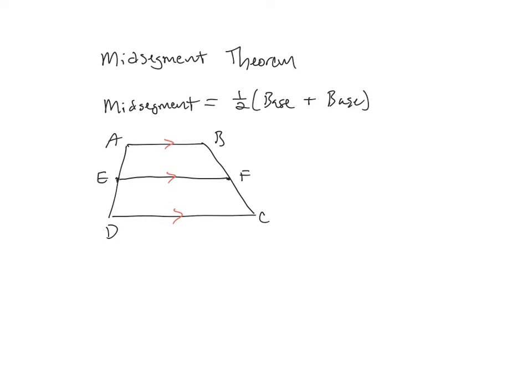So it simply says, like, well, if that's 12 and that's 28, find EF. Well, you're just going to do 12 plus 28 equals 40, and then you're going to do half of 40 is 20.